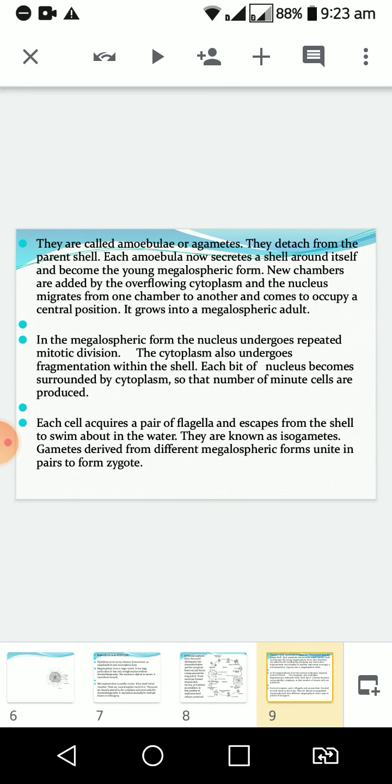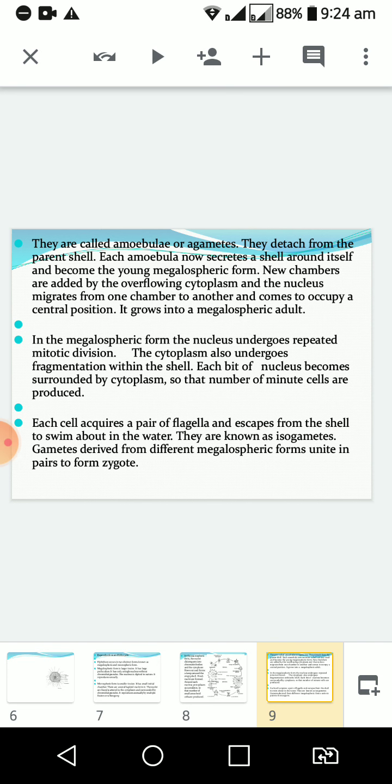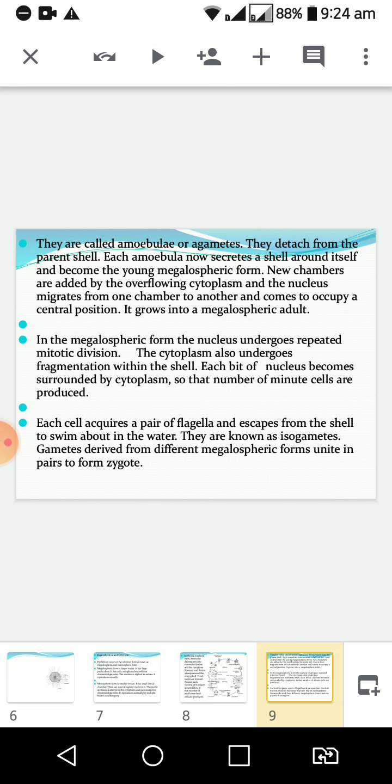So these agametes, amoebulae, are detached from the parent shell, and each amoebula now secretes a shell around itself. That is the main important point, and they become young megalosporic forms.